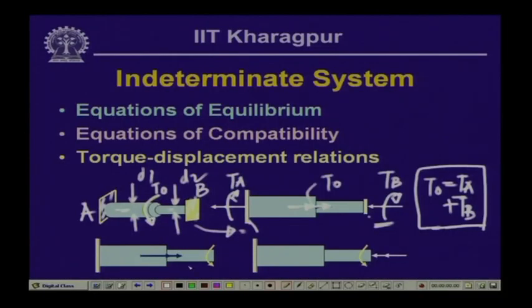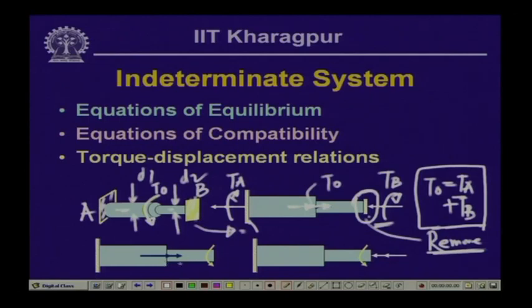Now, we consider a case as we have done in the past for indeterminate systems, that this particular support we remove from this shaft. Now, if we remove this support, then what happens?